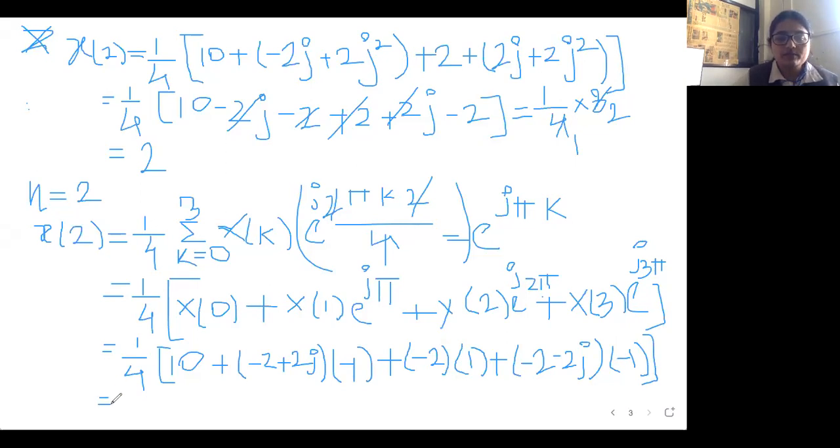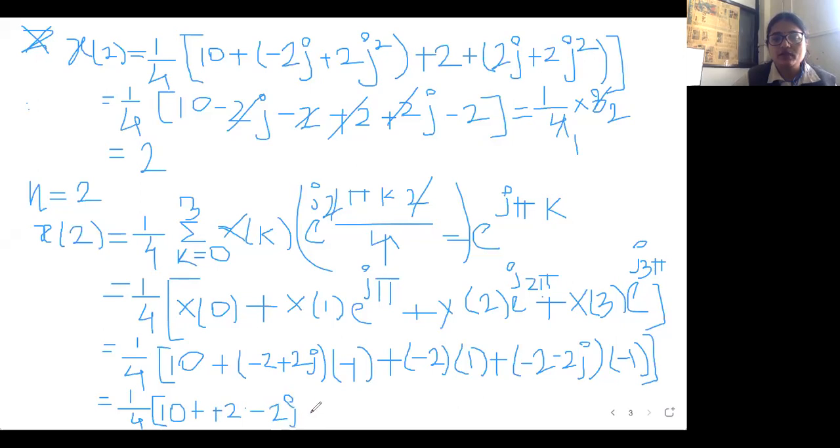Okay, so we will simplify this. This is going to be 1 by 4 into the bracket. This is 10, plus this is minus 2, plus minus will be plus, so this is going to be plus 2. This is minus 2j.